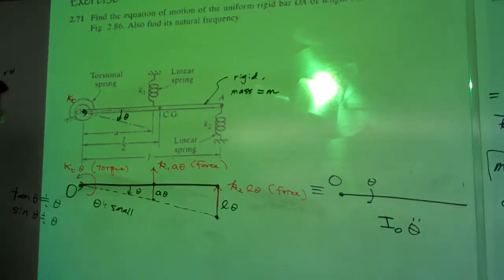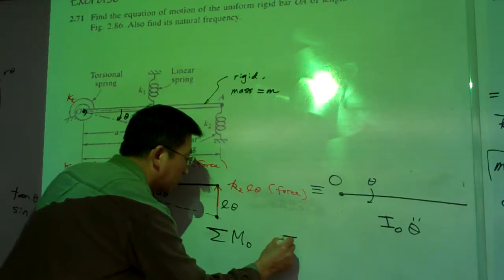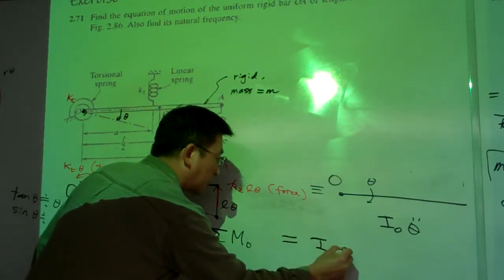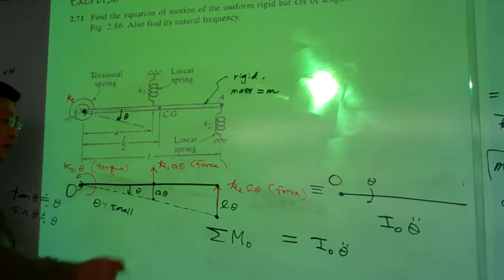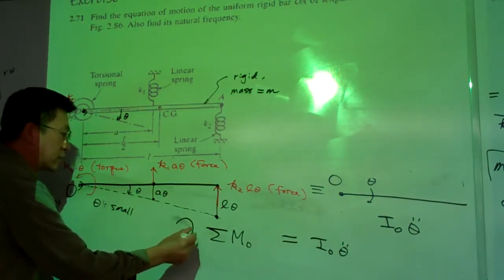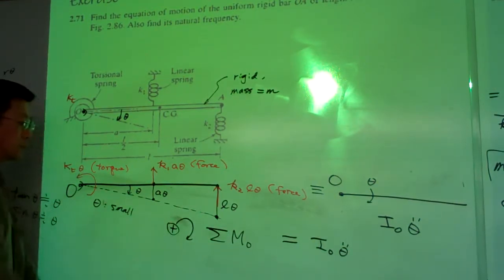Everything must be equivalent, so the moment about O would be equal to, using Newton's law, I_O theta double dot. Taking the sign conventions, I like to align the sign convention with the degree of freedom, so let me take this as positive.